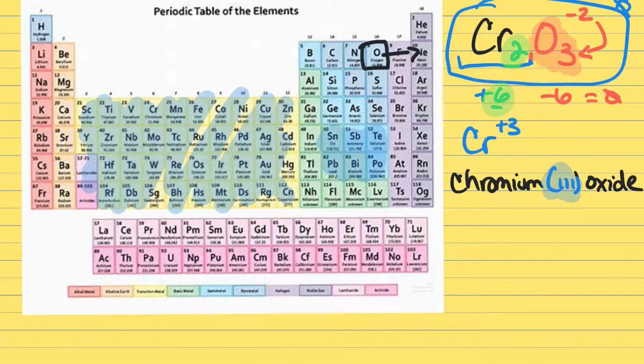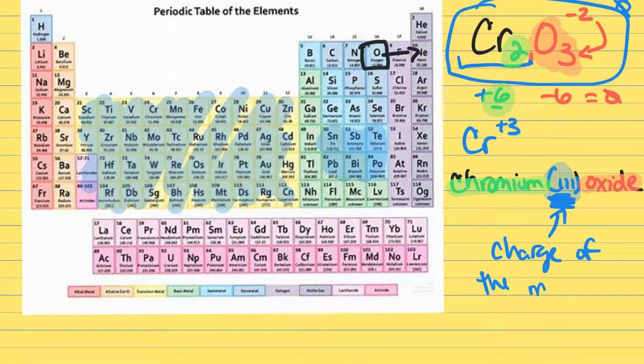You write the full metal name like you see here, okay? Then you write the nonmetal name with the "ide" suffix, and the only new thing here is that we use the Roman numerals to represent the charge of the metal, okay? It never tells you how many metal ions are in the compound, but what the charge of the metal is.